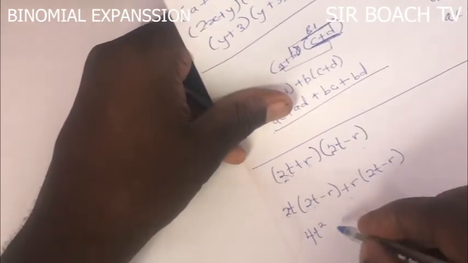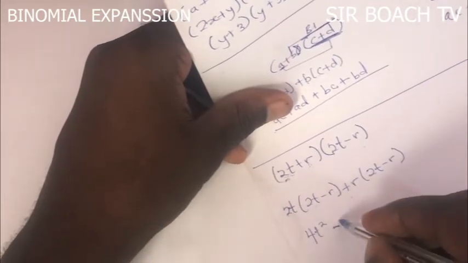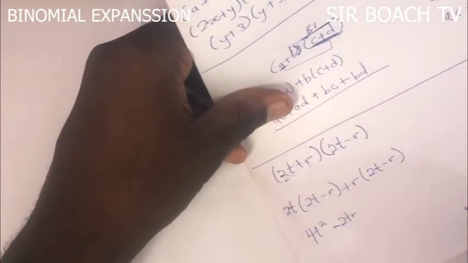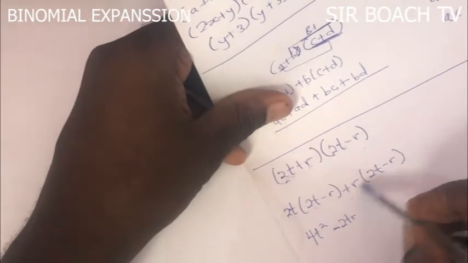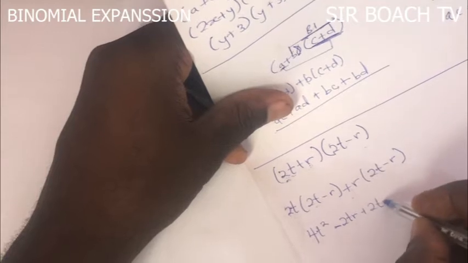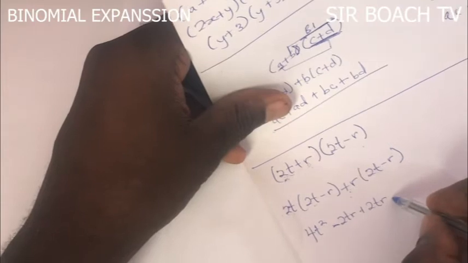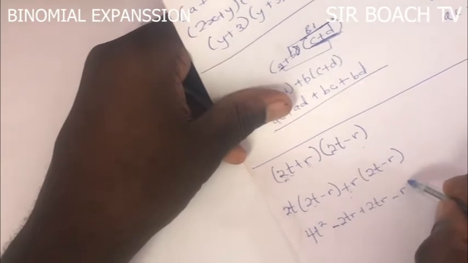Are we good? And I bring my minus 2t times r, which will give you minus 2tr. Then there's a plus here. Plus r times 2t will give you plus 2tr. Then r times minus r will give you minus r squared.